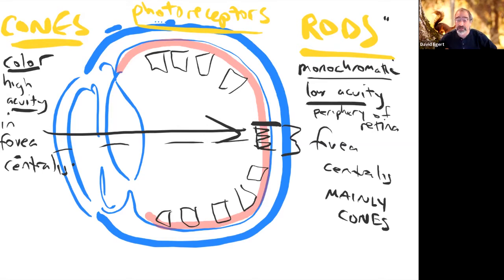You can do these really disconcerting illusions, like change blindness, where you can have the world change in dramatic ways around you, and if you're not staring right at it as it happens, you have no idea anything's getting weird. So periphery of retina, high acuity.